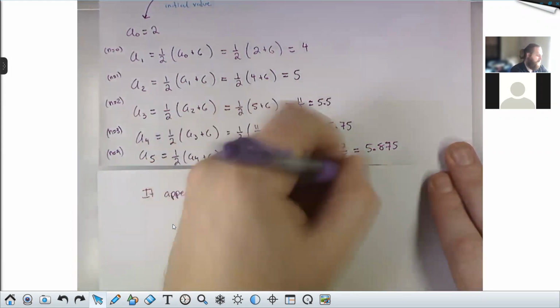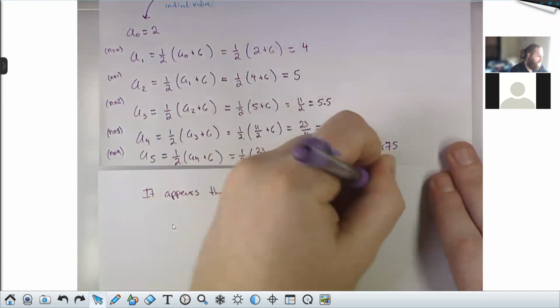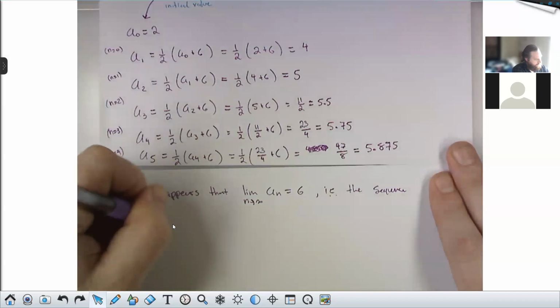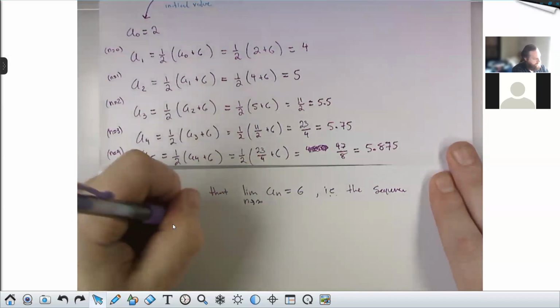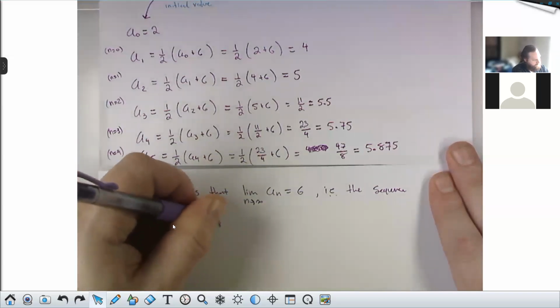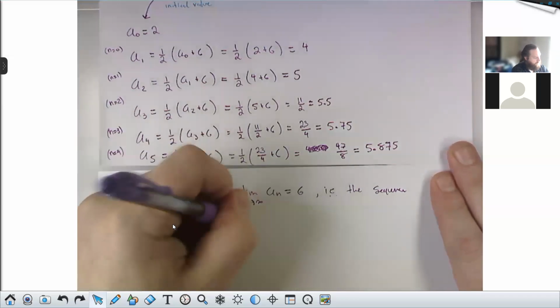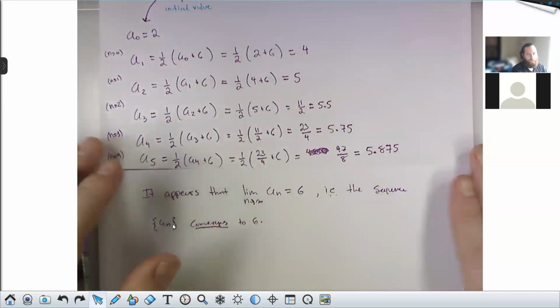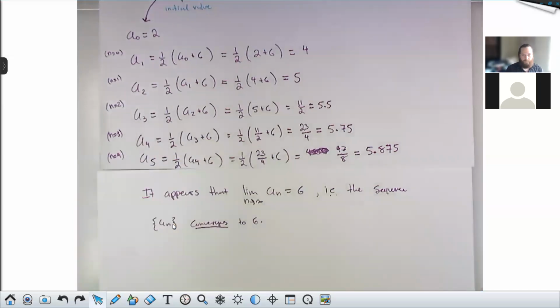The sequence a_n converges to 6. Remember what it means for a sequence to converge. It means that the sequence has a finite limit. And from the work we've done here, just writing out the first few terms, that seems like it might be the case. Is this a guarantee that that's true?